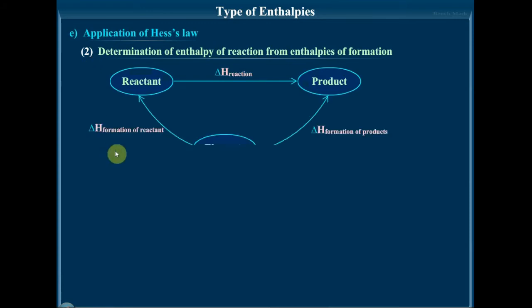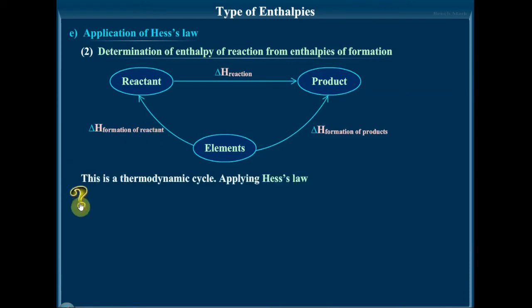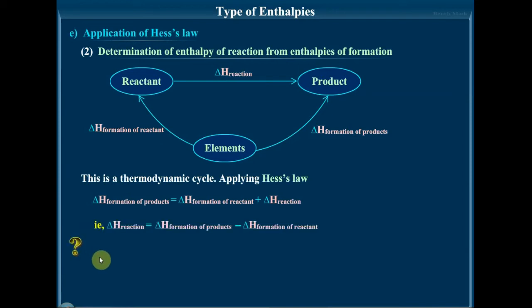You can find here a formula for calculating the standard enthalpy of a reaction. That is, if we know the standard molar enthalpies of formation of various substances, we can calculate the standard enthalpy change of any reaction. That is, the standard enthalpy change of any reaction can be calculated, which is equal to the difference of the standard molar enthalpies of formation of all the products and the standard enthalpies of formation of all the reactants.